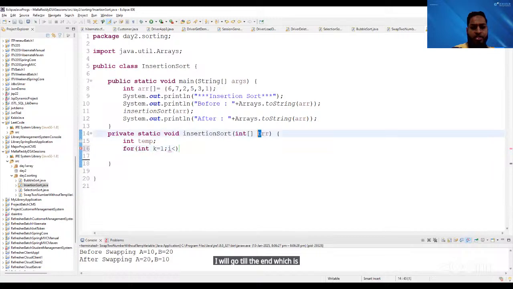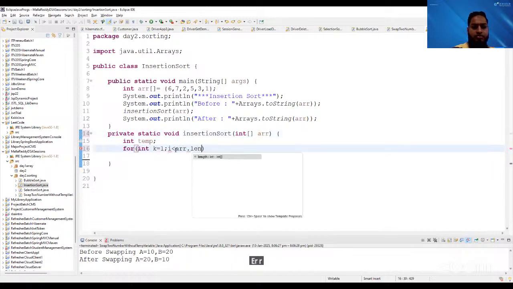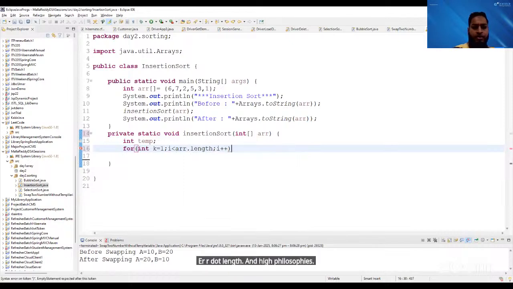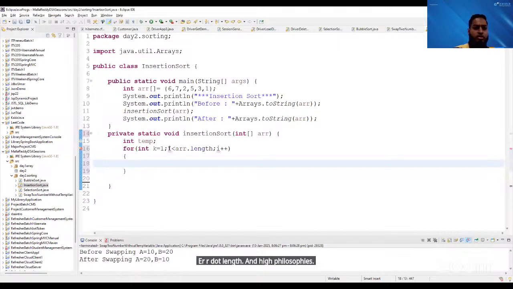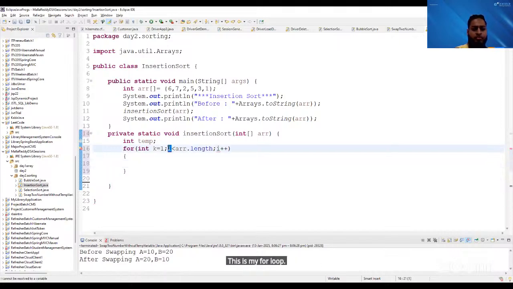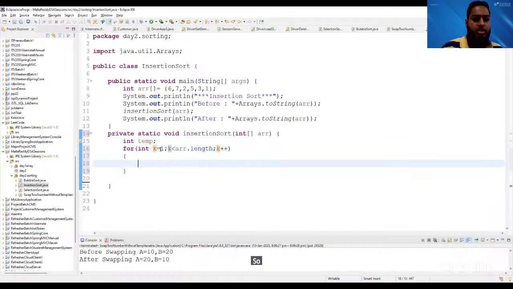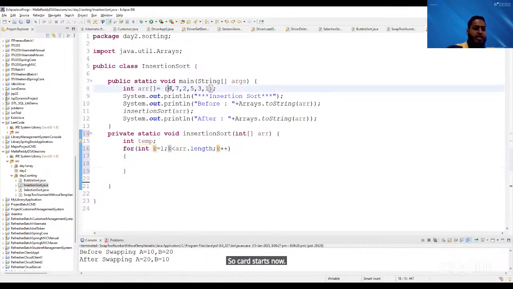ARR is making more sense, right? ARR dot length and K plus plus. This is my for loop. Okay, sorry, K. So the card starts now. 6 by default is sorted because there's nothing to compare with 6.